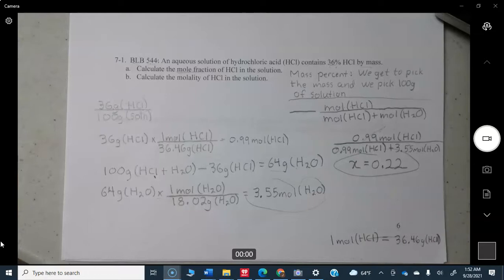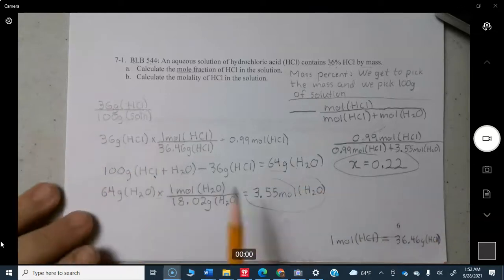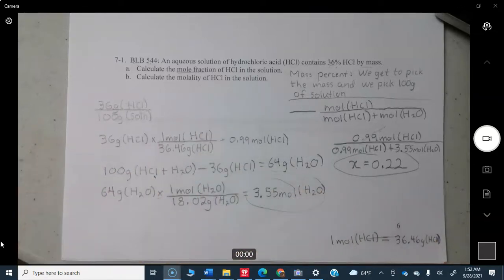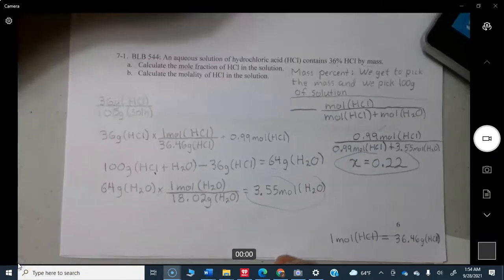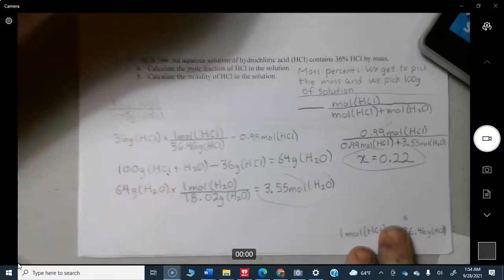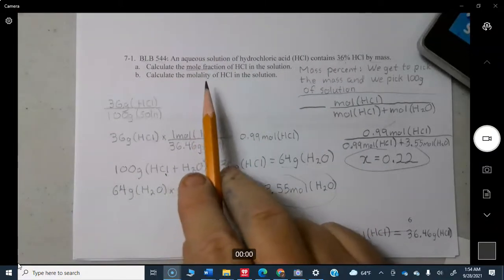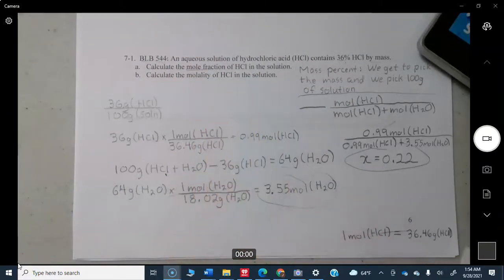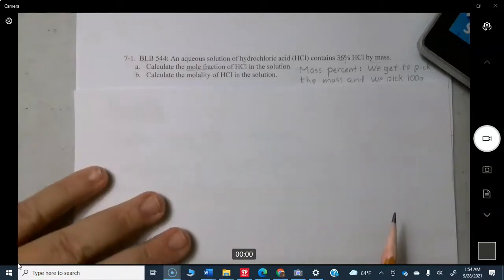Alright. I used my entire space to do that, so I'm going to do this on an attached piece of paper here. And it's asking the molality of HCl. Okay, so part B is asking to calculate the molality of HCl in solution. So what you want to do is start off by defining molality.